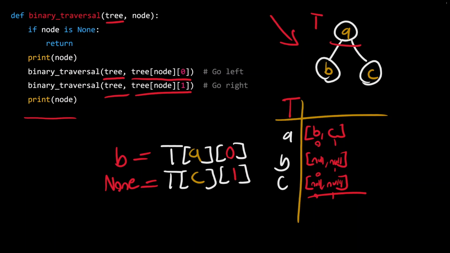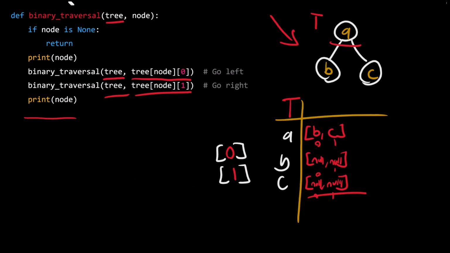So how are we going to evaluate this function up here? Let's look at it. We have two function calls right next to each other. So we're going to be evaluating this binary tree traversal. We're given a node.